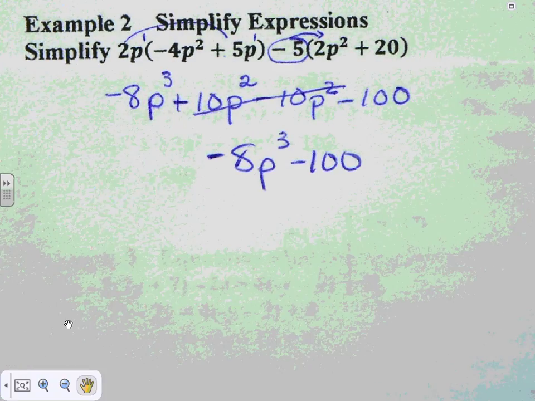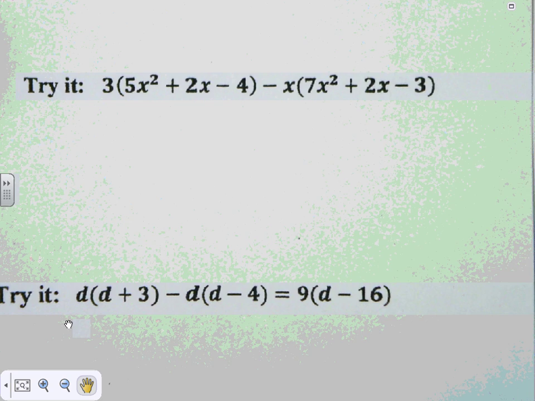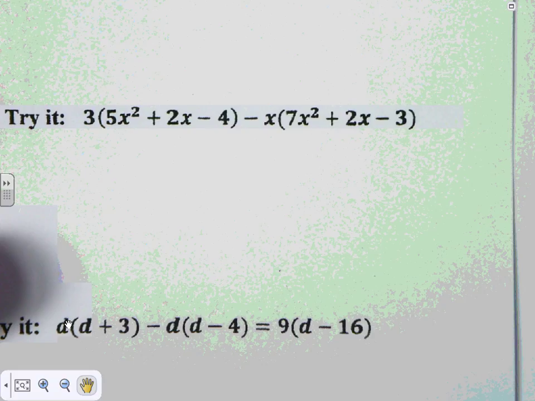All right, see if you can do the try it on the right-hand side. Try not to make a mistake.